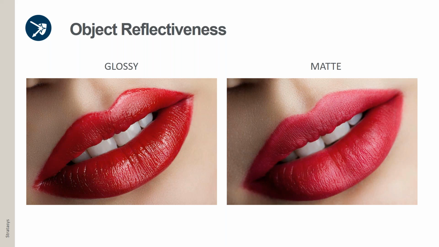But on the left one, she put some, what is it called? Some extra stuff on the top to make it shiny. And that influenced the appearance of this color dramatically. Same is true for our prints on the 3D printer. If we print something glossy, color might appear differently than if we print something in matte.